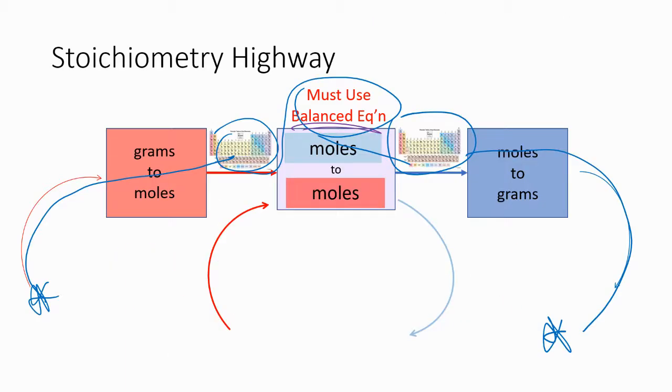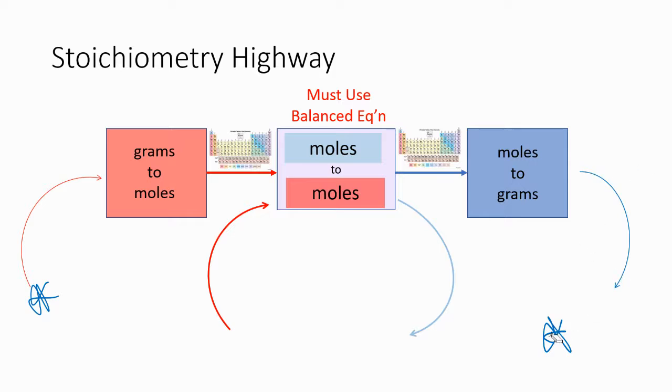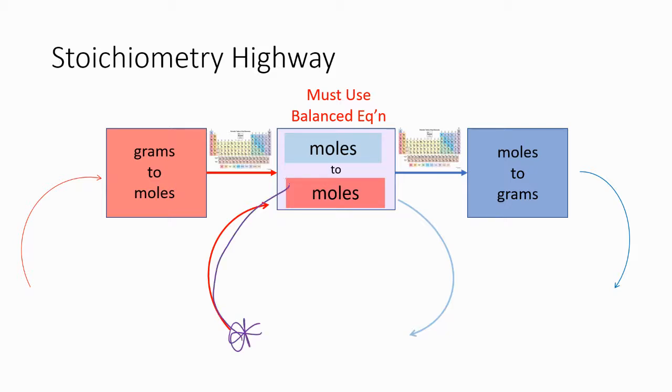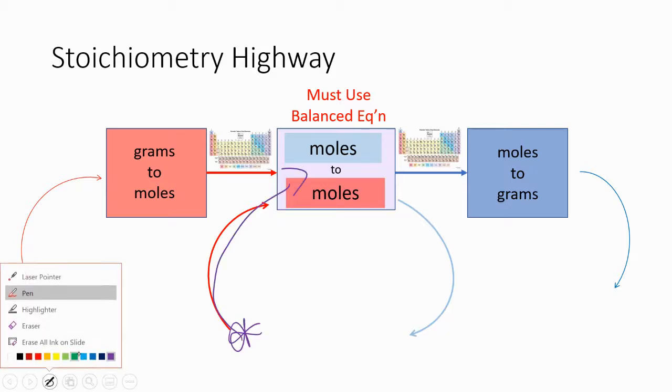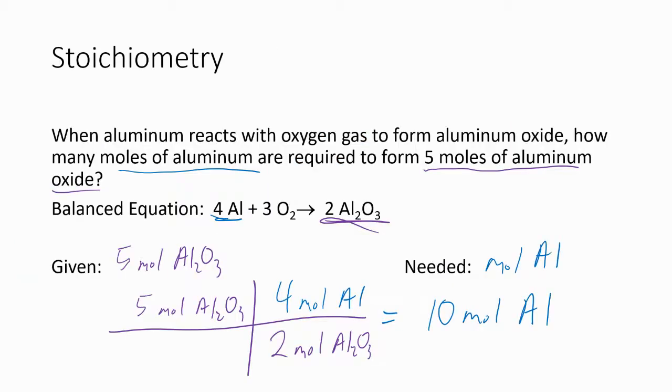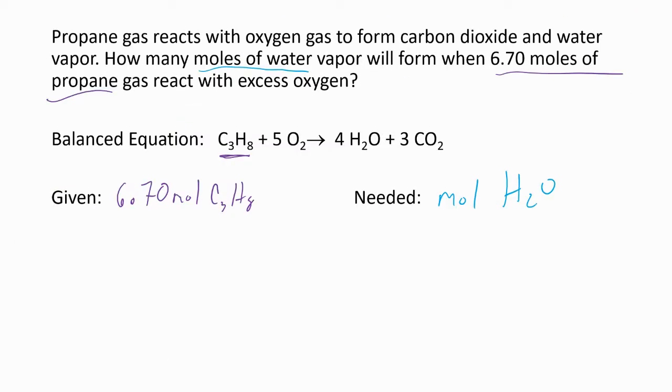On our highway, looking at this, we're just going moles to moles. We're starting at moles of propane and we're going to change it into moles of water. So we just need the balanced equation for this one. We're going to start with our 6.70 moles C3H8.